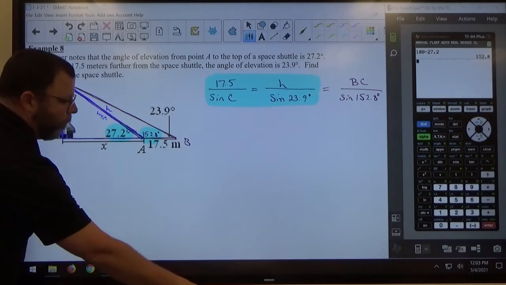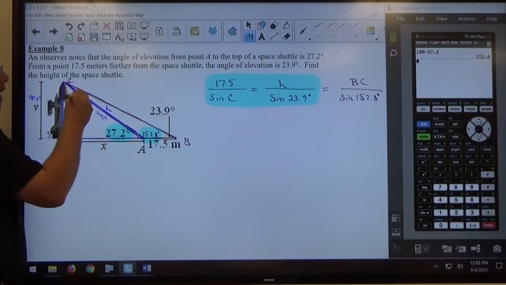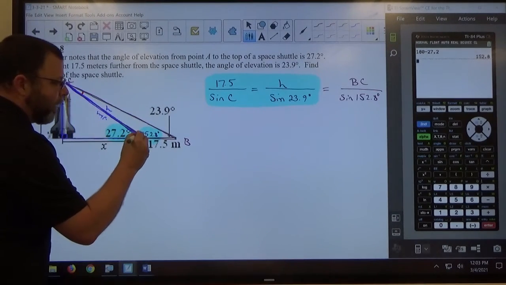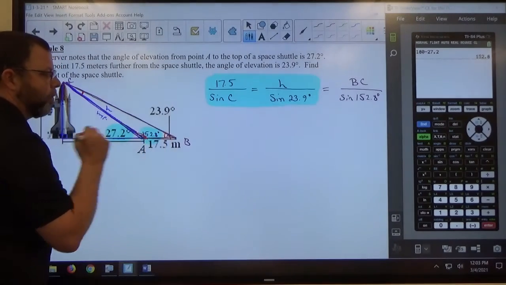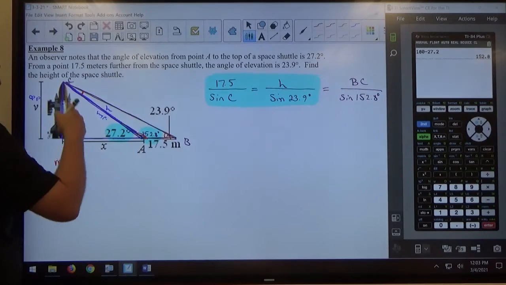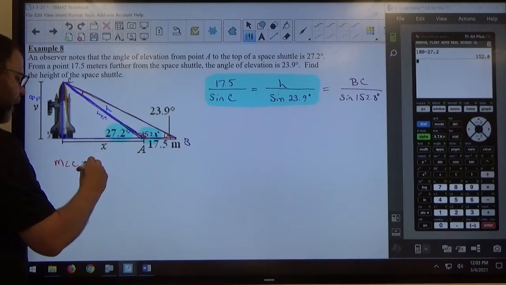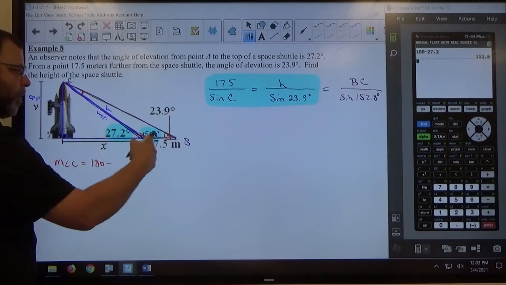And then, the other thing I know about triangles is the three angles of a triangle, specifically this angle plus this angle plus this angle, have to be 180, right? So the measure of angle C within that thin triangle, I'm talking about this ACB right here, is going to be 180 degrees minus the two angles in the picture.